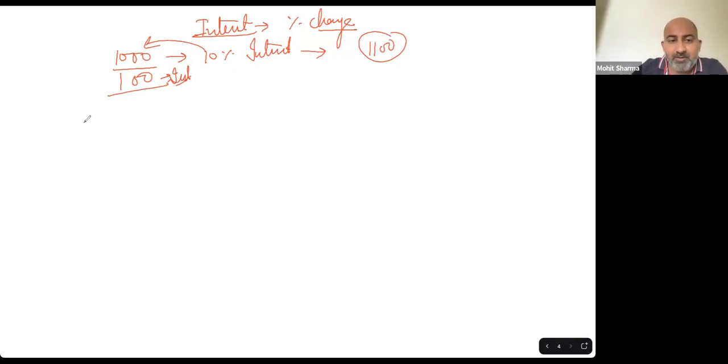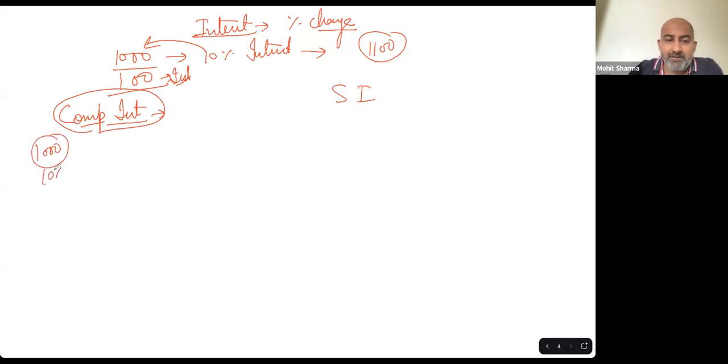The situation changes when we have compound interest. First, let's try to understand what compounding is. Let's say with simple interest, we invested 1,000 rupees at a 10% annual rate of interest. At the end of the first year, you'll get 1,100.